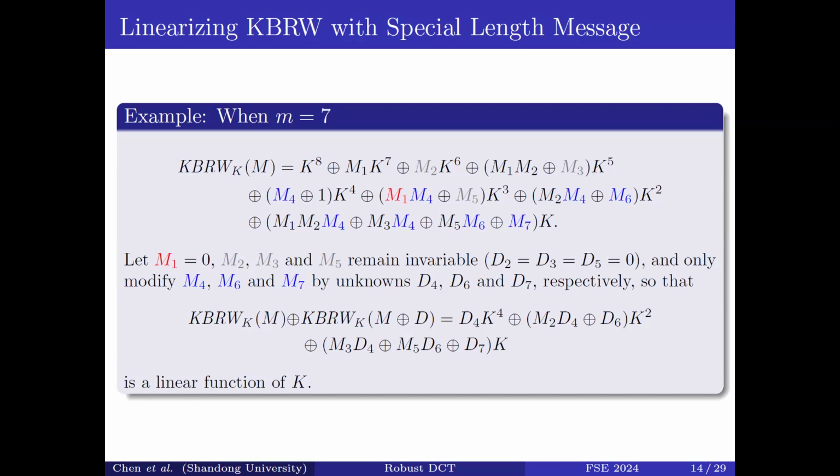We let M2, M3, and M5 remain unmodified, which means D2, D3, and D5 are 0, and only modify M4, M6, and M7 by unknowns D4, D6, and D7 respectively. After that, we will get a linear function of K.